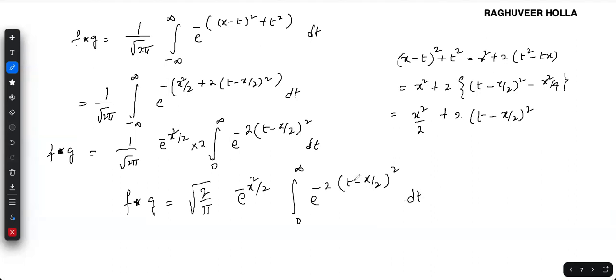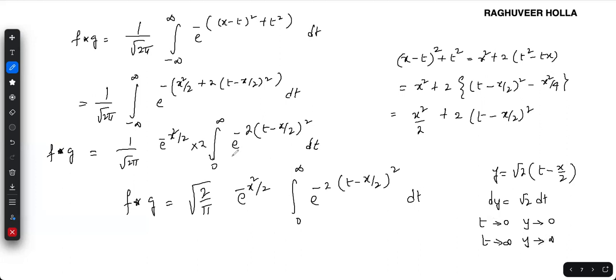So let us take care of the exponent. I will take y as root 2 into (t minus x by 2). So dy will be root 2 dt. As t is 0, y is 0, and as t is infinity, y is also infinity. So there is no change in the limits.